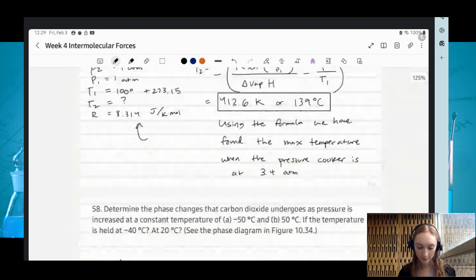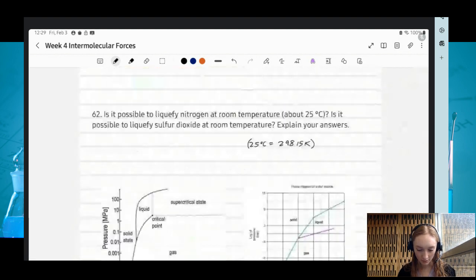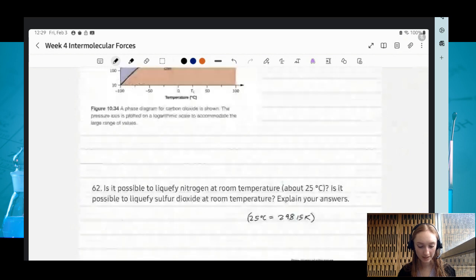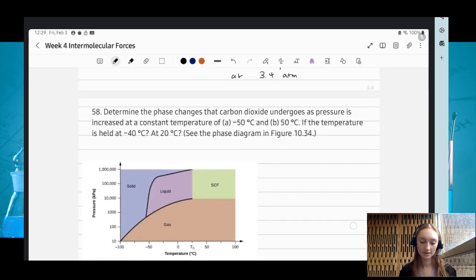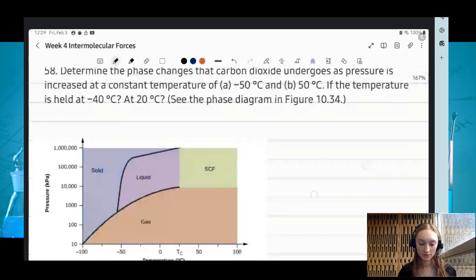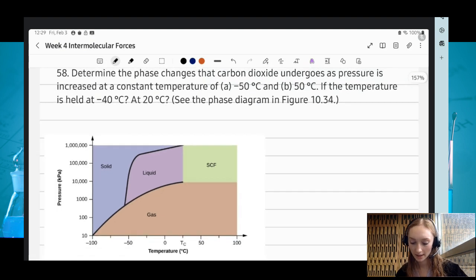Moving on to the next problem. I believe this is almost, so we have 2 more problems left. 58. So this one asks to determine the phase changes that carbon dioxide undergoes as pressure is increased at a constant temperature of A, negative 50 degrees Celsius, and B, 50 degrees Celsius. That's positive 50 degrees Celsius.